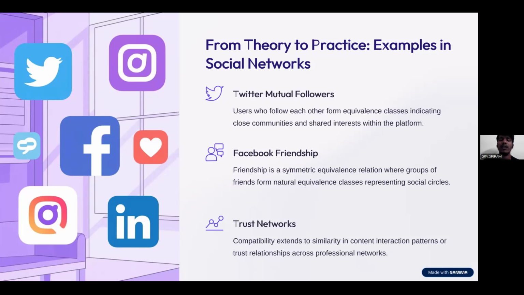Trust networks: compatibility extends to similarity in content interaction patterns or trust relationships across professional networks. And this is applicable to other social networks too: Twitter, Threads, Facebook, LinkedIn, Instagram, YouTube, and so on.